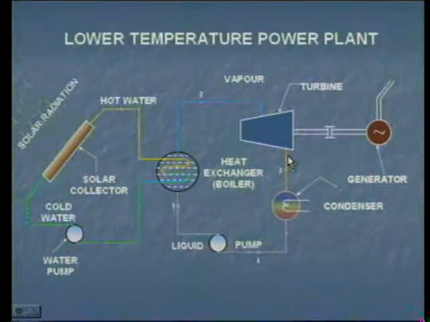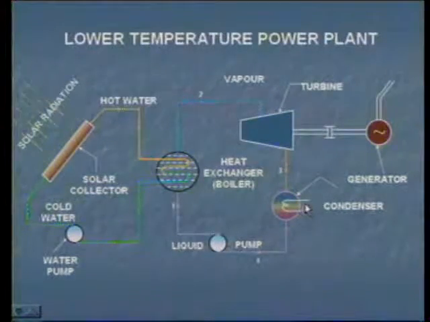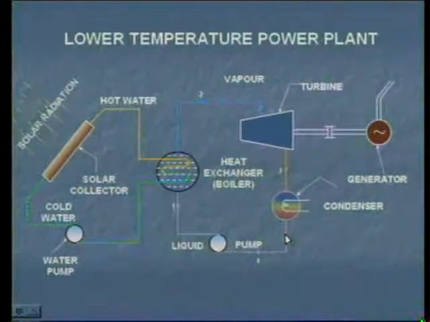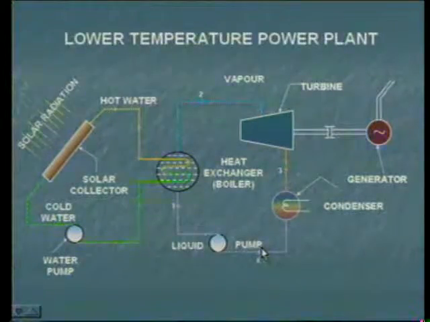This low pressure vapor enters a condenser. In the condenser, by circulating water from the surroundings, the heat of the vapor is removed and the result becomes a liquid. That liquid is pumped to the boiler by means of a liquid pump.